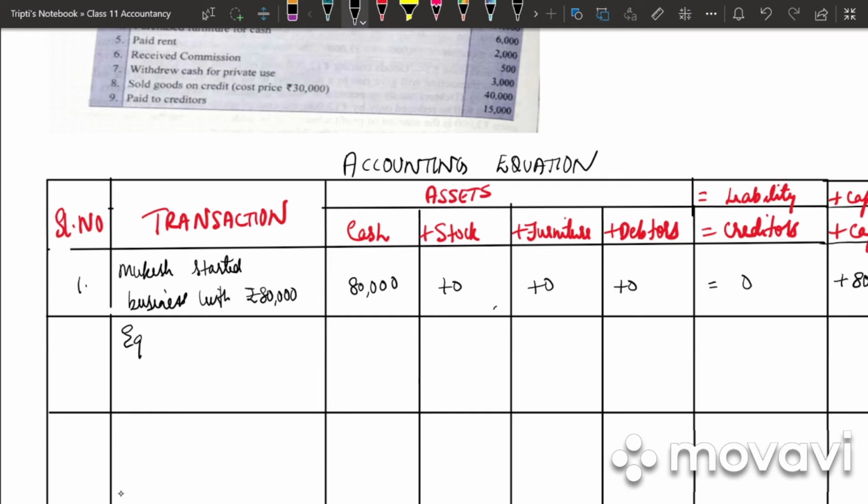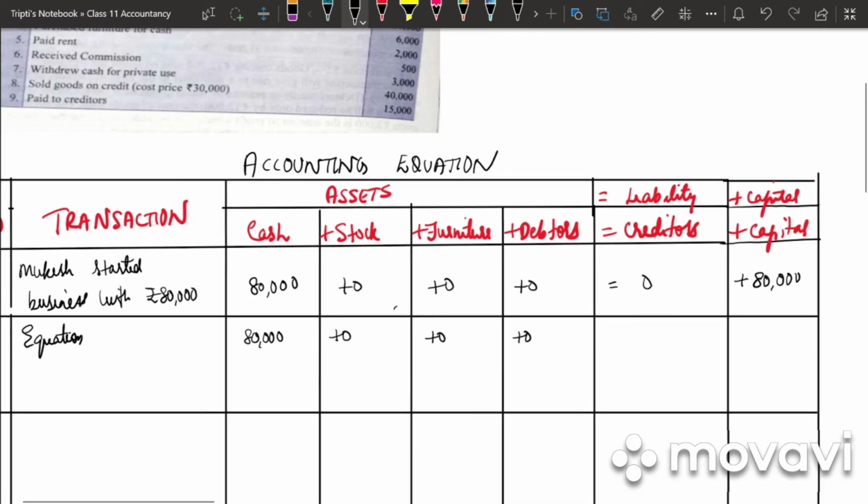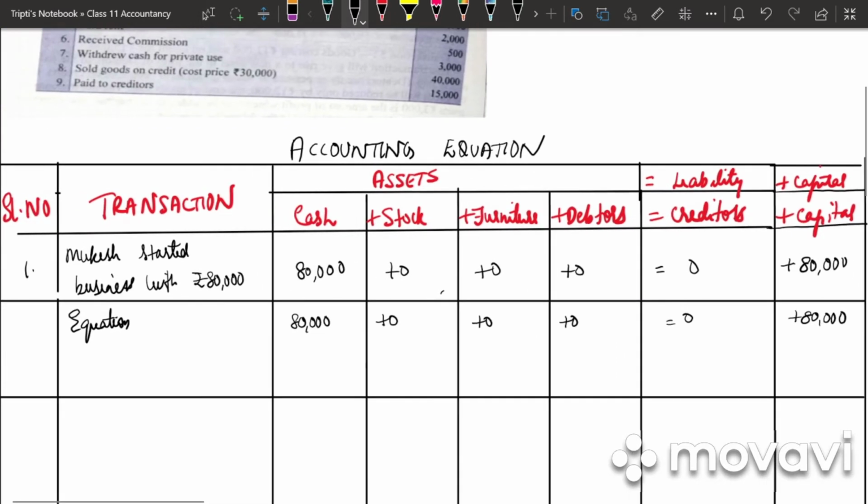So what will be the accounting equation? It is 80,000 plus 0 plus 0 plus 0 is equal to 0 plus 80,000. So our asset is tallying with the liability and capital.